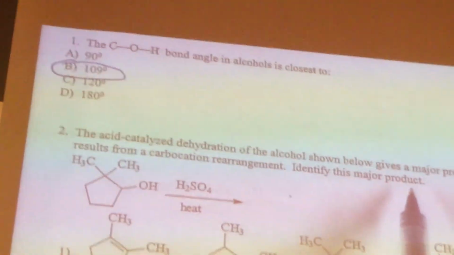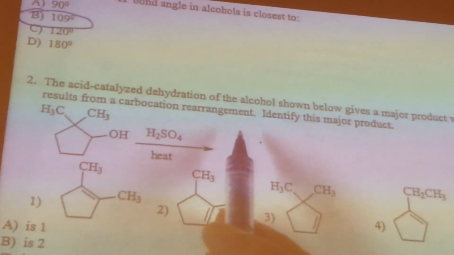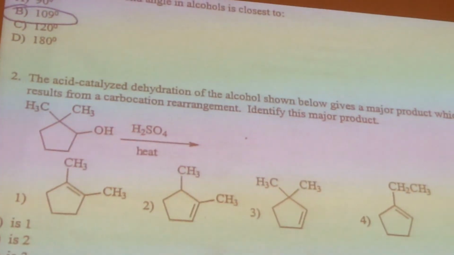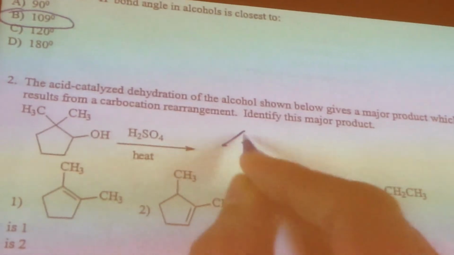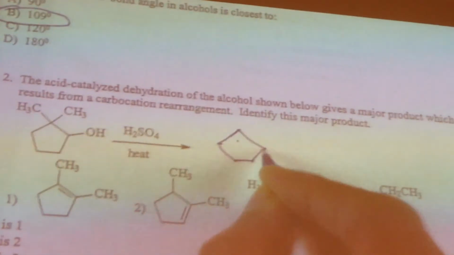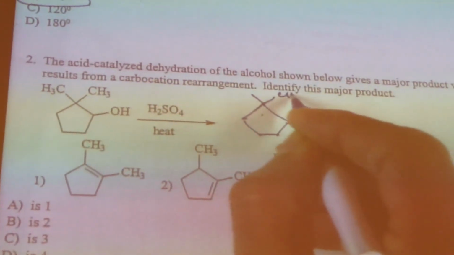The acid catalyzed dehydration of the alcohol shown below gives a major product which results from the carbocation rearrangement. Okay, so as we know, if you generate the carbocation, here you have 2 methyl groups.